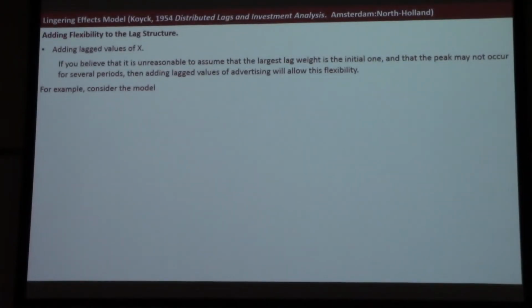So here's the first period, second, third, fourth, and so on. If we think, for example, there's going to be some build-up effect, so that the biggest effect might be in the second period, then adding lagged advertising will allow that to happen, and then this will decay. Again, like that, which is pretty cool.